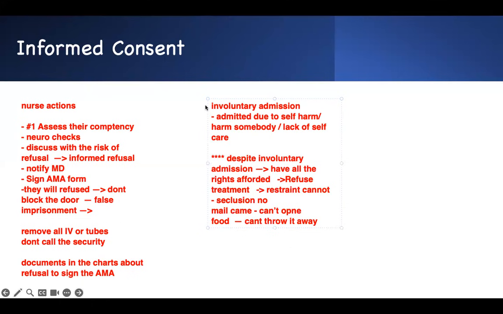If you need to give them medication and they're refusing, you go back to the court and get an order from the court, and then you can proceed. But that is the key. You don't just say, hey, they are an involuntary admission, so I'll treat them differently from somebody else. You can't do that. And this is informed consent, detailed information that you need to know about this process. Okay.